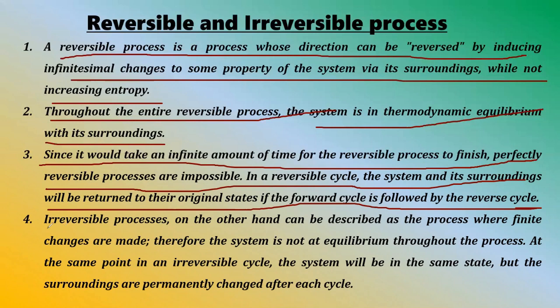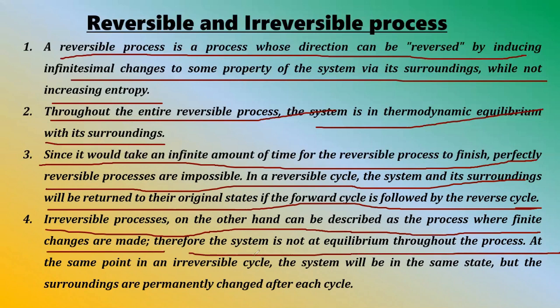Now let us go to the irreversible process. You can see an irreversible process, on the other hand, can be described as the process where finite changes are made, therefore the system is not at all in equilibrium.